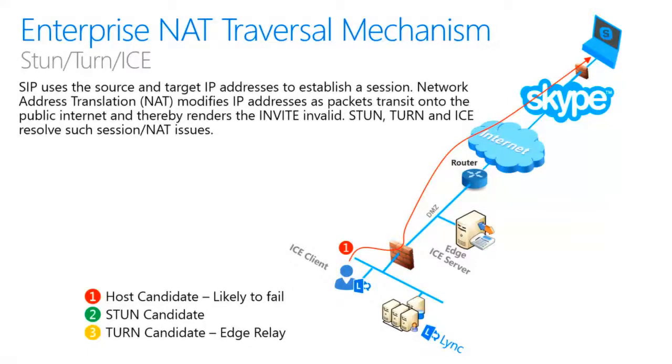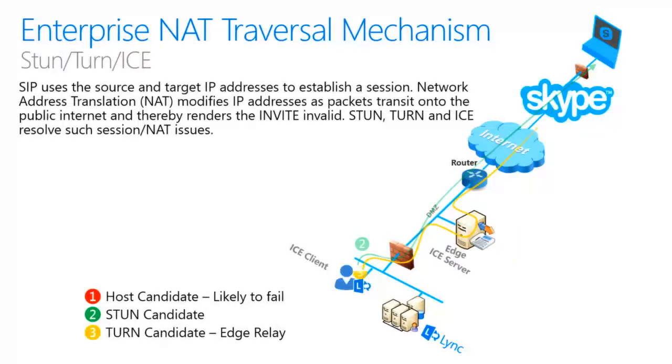That's unlikely to have connectivity through your firewall across the internet and through the home network to the Skype endpoint, but it works great if you're within an enterprise. In these particular scenarios, it's unlikely that the host candidate is going to work. So then we'll also evaluate a STUN candidate, which is your externally public-facing address as seen by the edge server, and communicate that to the Skype client. And each endpoint is testing those candidates to see if it works.